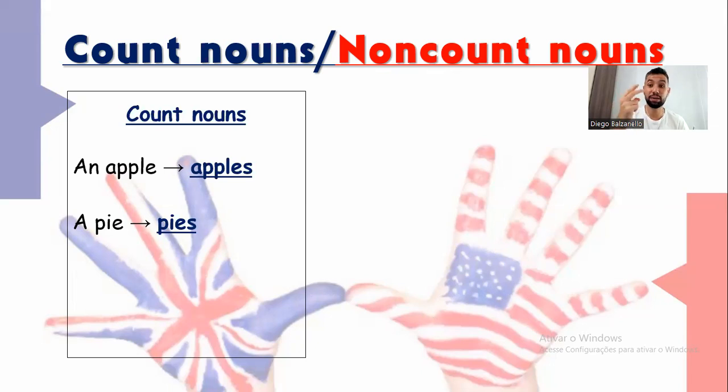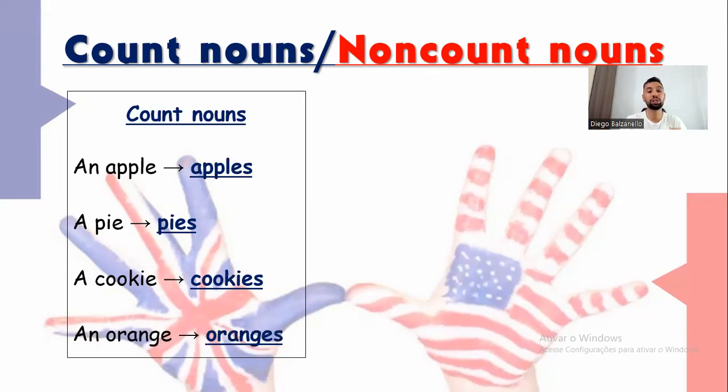That's countable, that you can count. A cookie or cookies. They have plural. 1 cookie, 2 cookies, 3 cookies. I ate 3 cookies. I love cookies. An orange, oranges. You see that you have singular and plural because 1 and more.